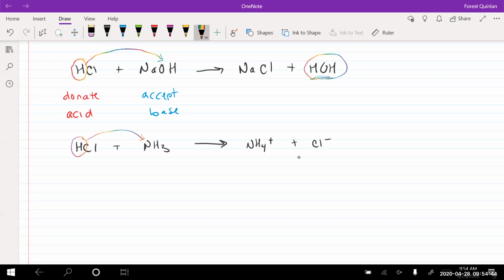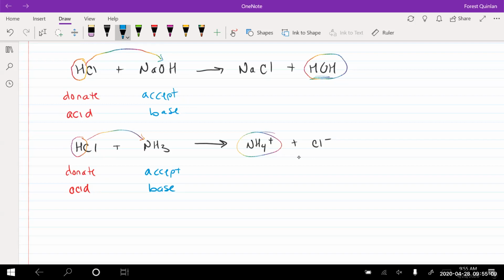And so what they've done is this HCl is still donating. Just because we're in a different situation doesn't mean the acid isn't the acid here. So that donating the H+ makes it the acid. But now we see that the NH3 is accepting it from it, making it a base.